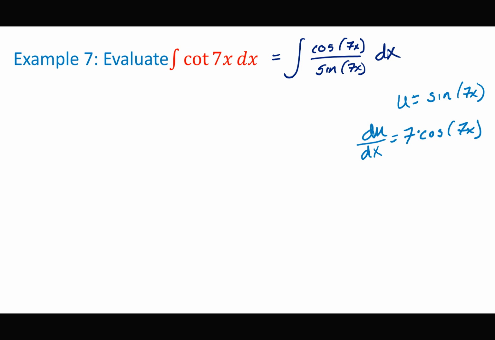So 7 times cosine 7x. So du would be 7 cosine 7x times dx. Well, I have a cosine of 7x, I have dx. Let's get rid of this 7, bring it to the other side. So now I have 1/7 du equals cosine 7x dx.